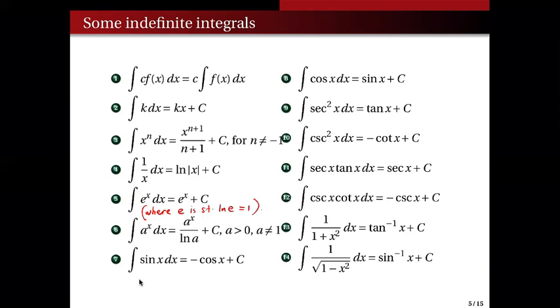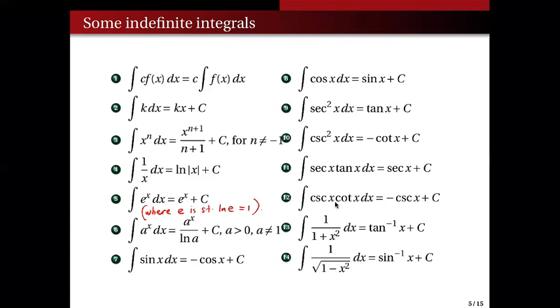Now, integral of sine x dx is negative cosine x plus c. Integral of cosine x dx is sine x plus c. Integral of secant squared x dx is tangent x plus c. Integral of cosecant squared x dx is negative cotangent x plus c. We also have integral of secant x tangent x dx, that's secant x plus c.